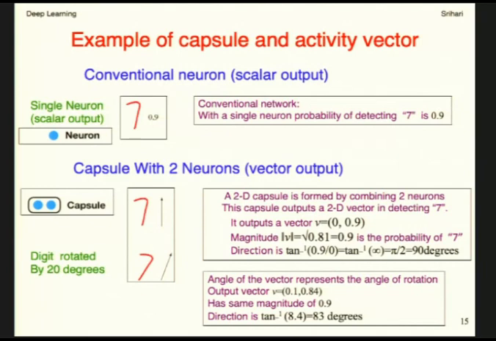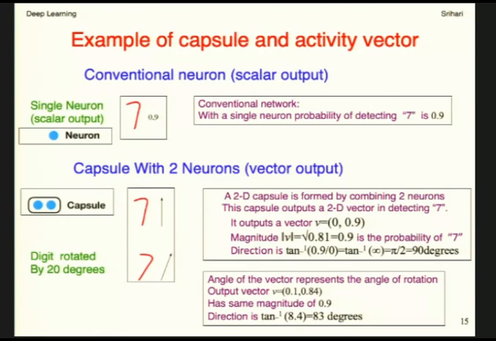In a capsule network, we don't have a single neuron, but we have a capsule of 2. When you have a capsule of 2, the output is a vector now, like the vector V equal to (0, 0.9), two values. We've chosen it nicely so that the magnitude of that vector V is the square root of 0 plus 0.81, which is the square of 0.9, and the square root of that is 0.9, the probability.